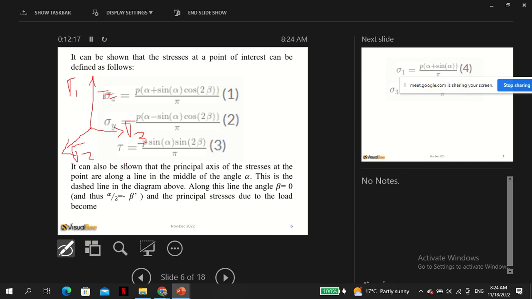You can see here, if you substitute beta is 0, this part is not there, and this is 0. So it means the shear stress is how much? I'm literally giving it away to you people. Hello?